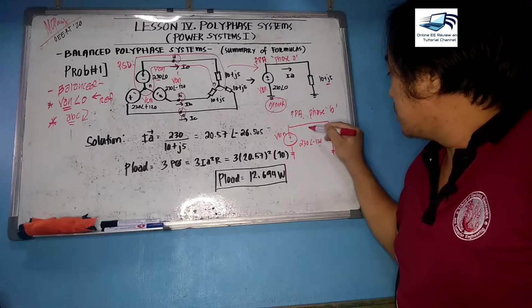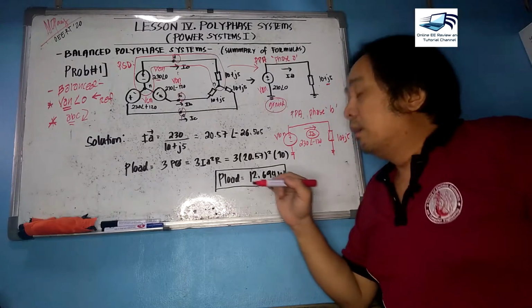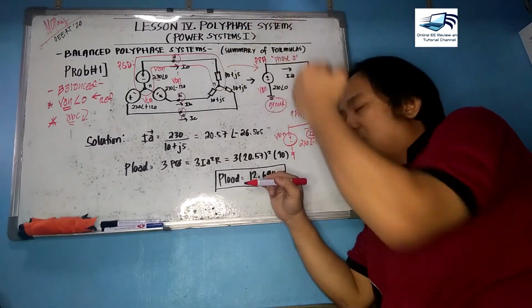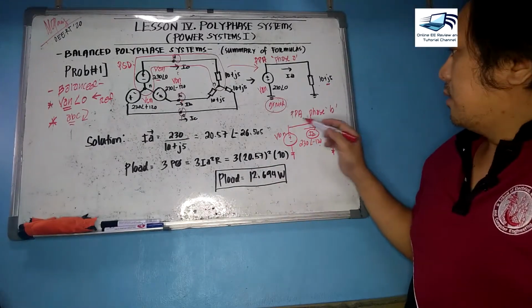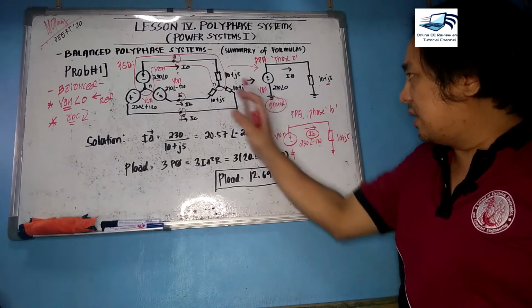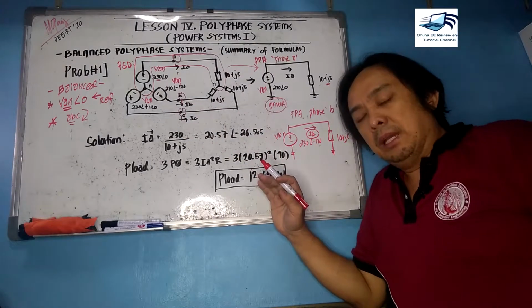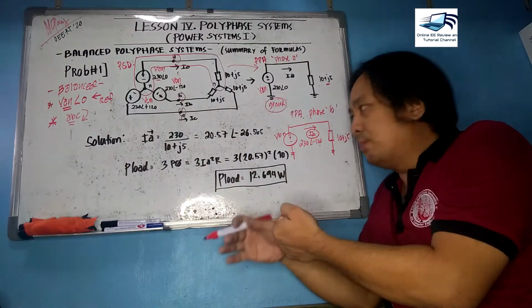And if you want to get the current IB directly, the only difference of IA, IB, and IC is 120 degrees apart; they have the same magnitude. If you want to take phase C, you can do the same thing. This is the advantage of having a per phase basis. Since they are balanced, the only difference is 120 degrees apart in phase displacement.